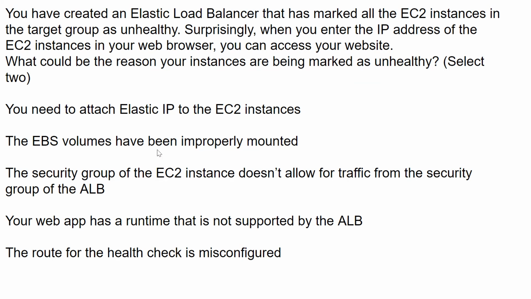The EBS volumes have been improperly mounted. The security group of the EC2 instance doesn't allow traffic from the security group of the ALB. Your web app has a runtime that is not supported by the ALB. The route for the health check is misconfigured.